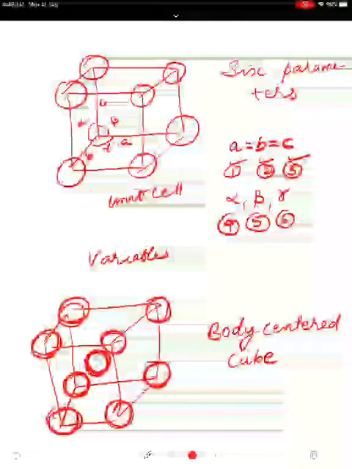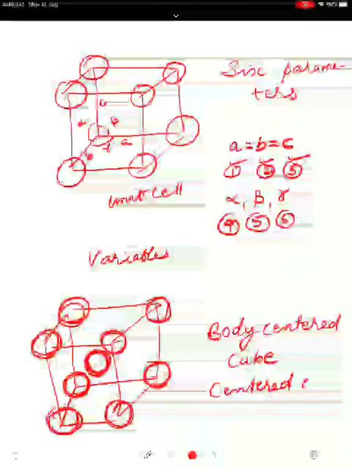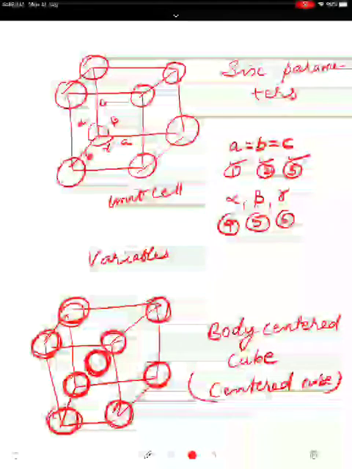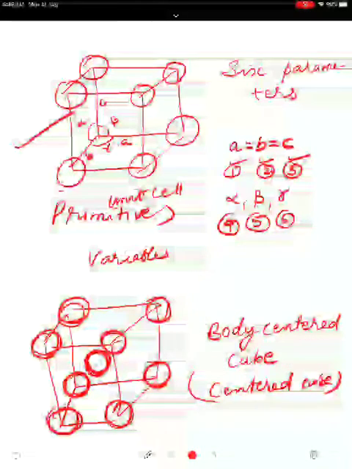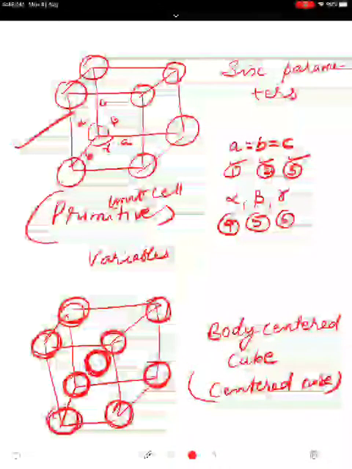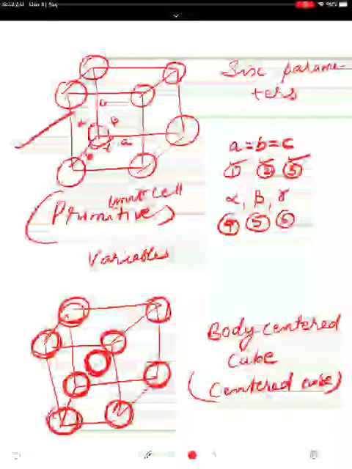So this is a centered cube. But this cube is called primitive. This is primitive, means only at the corners. Only at the corners you see atoms, 8 corners you see.